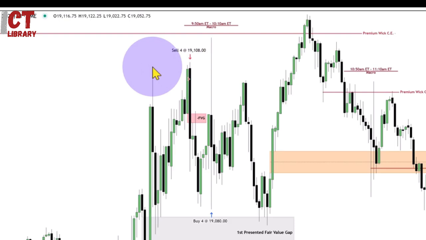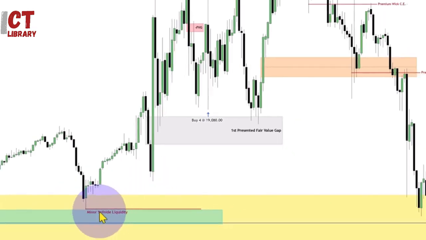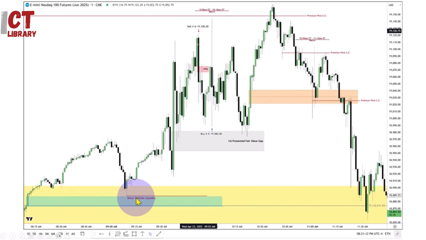I was mentioning that it was technically a turtle soup environment, meaning that it's a false breakout. Stops have been taken, and I'm looking for a drop back down into first percent fair value gap for partial 1, which would have been 2 contracts. That's how I would have done it today. And then I would have taken 1 below here, and then I would have left the remaining to be taken below here. That's how I was going to trade it, plan it.